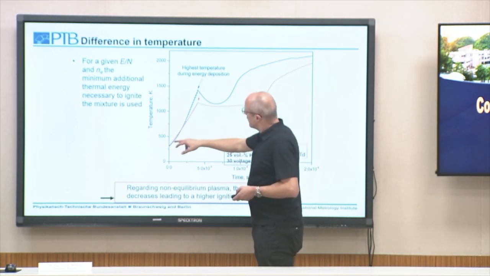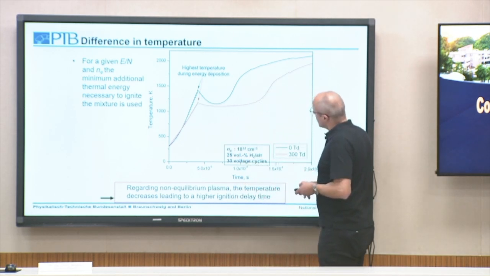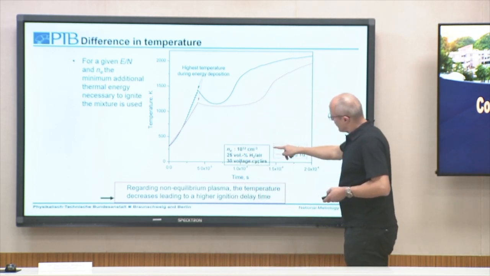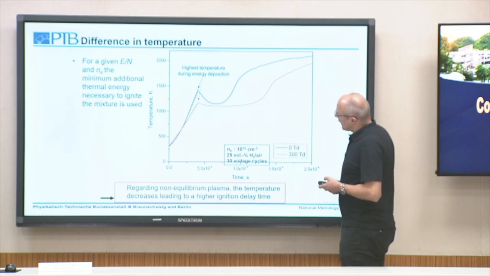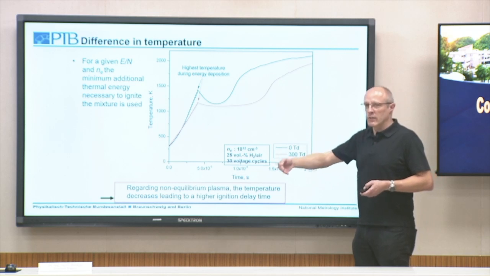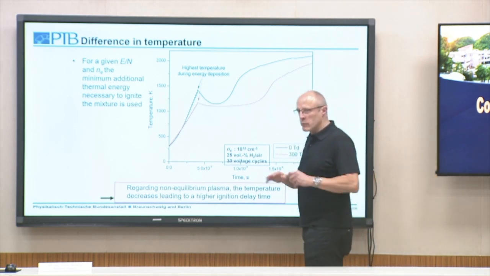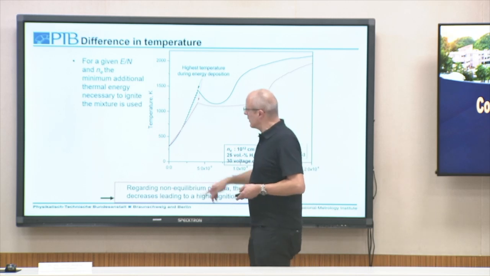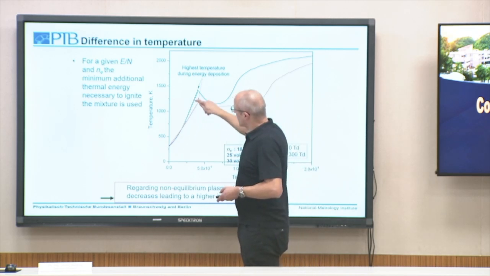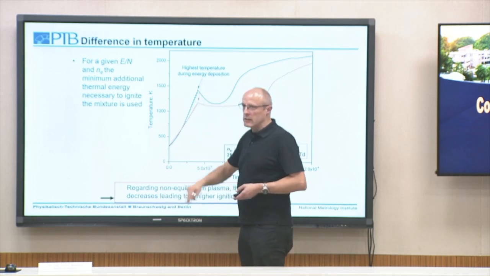And of course, if we neglect the plasma reactions, we only deposit energy for a short time, which heats up our system. We don't have any plasma reactions, so we heat up the system. This is more or less like a classical spark ignition.